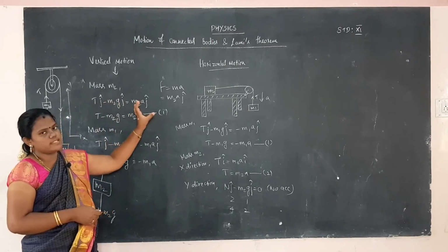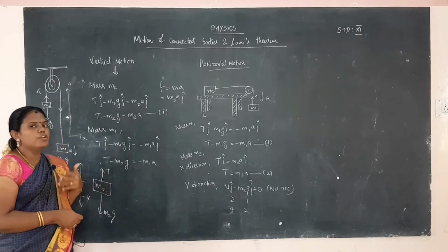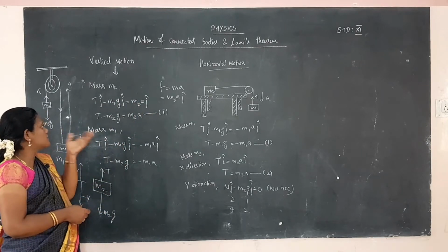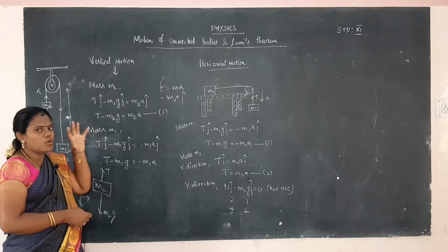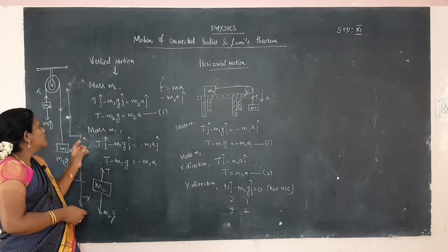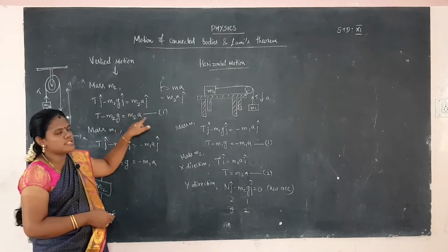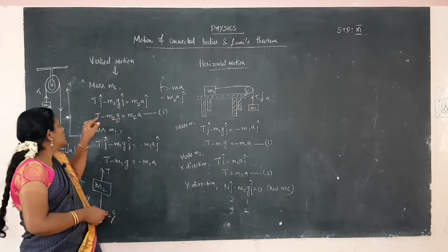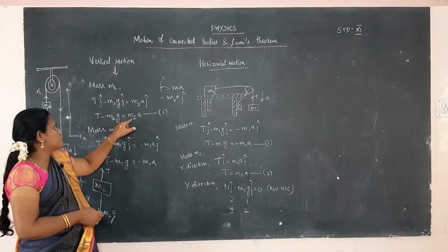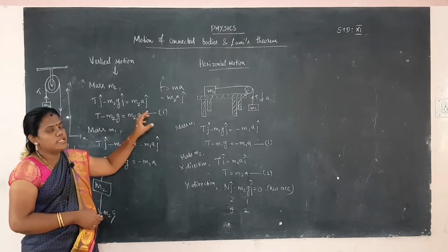You have to equate them and remove the unit vectors, taking only the components. So T minus m2g is equal to m2a. This is the first equation.